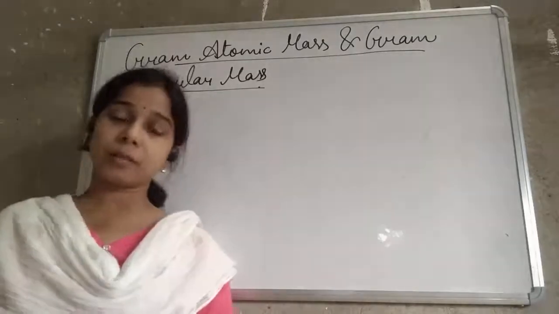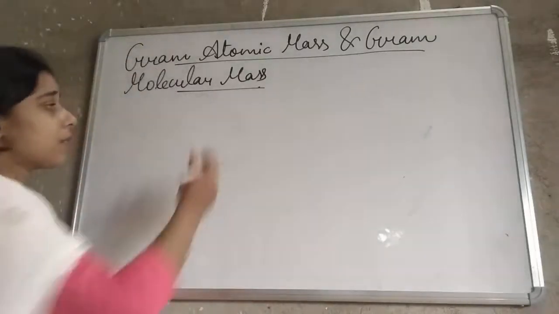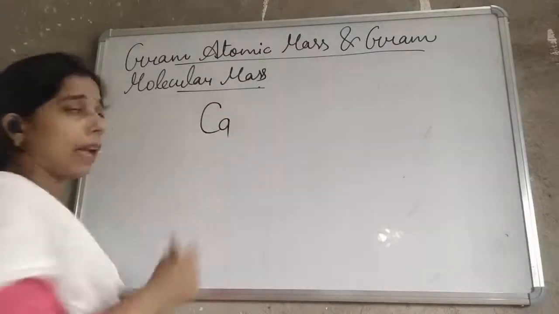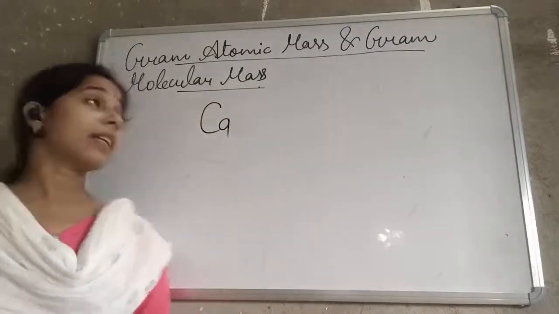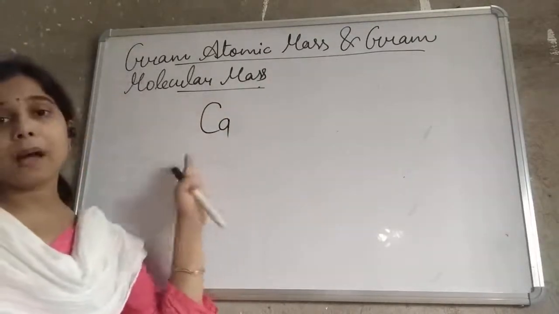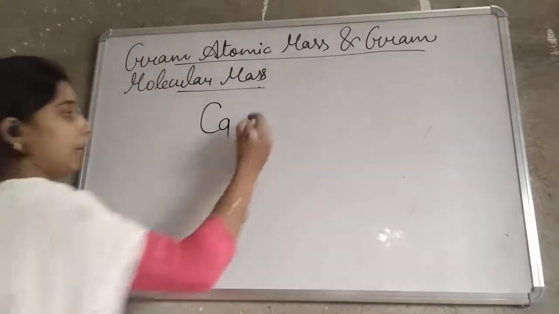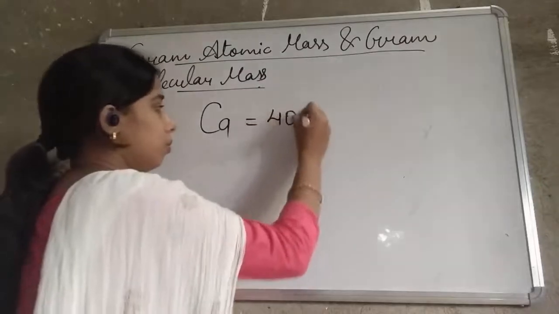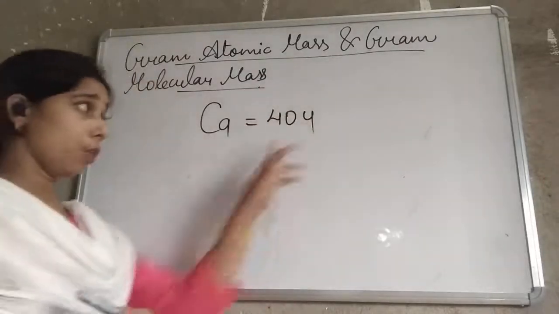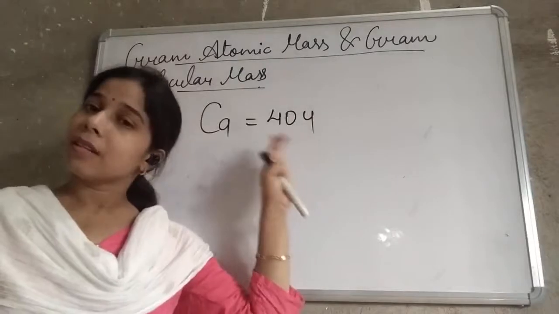Let me explain how this is so. Suppose we write calcium. If we talk about the atomic mass of calcium, then it is equal to 40 U. What is U here? It is the atomic mass unit.